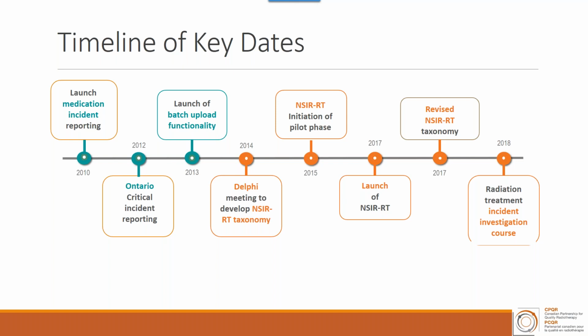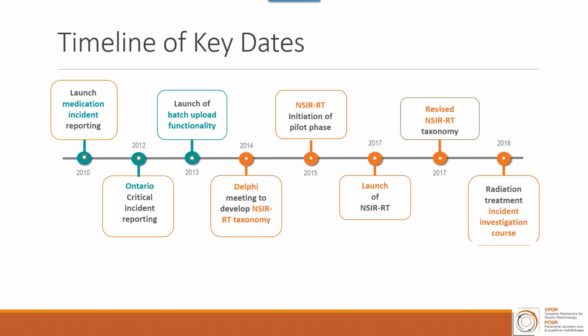And shortly after that, in 2014, we began to have discussions with CPQR, Canadian Partnership for Quality in Radiotherapy, about ENSER-RT. And in 2014, there was a Delphi meeting to develop the ENSER-RT taxonomy, really a meeting of minds from those across the country who were experts in radiation treatment, to discuss what was relevant, what was important, and how to move forward with that.